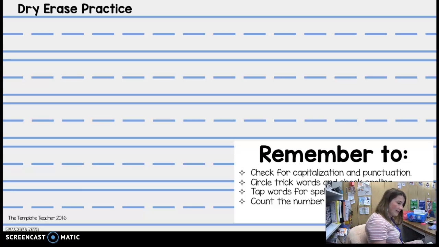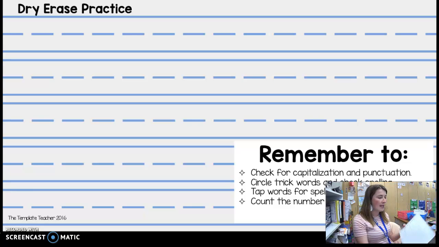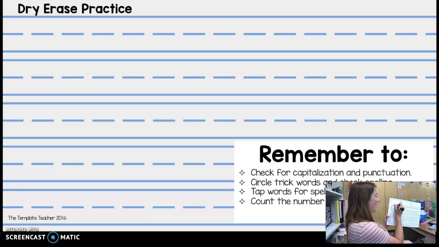All right, let's do a sentence. I'm going to flip my board around. Remember, when we write a sentence, we start with a capital letter at the beginning. We put a punctuation mark at the end, and we got to make sure we have finger spaces. All right, here's my sentence. I will huff and puff up the big hill. Okay, so we're going to start with a capital I. I will. Oh, I see a bonus letter.